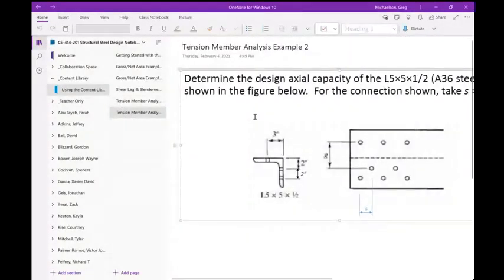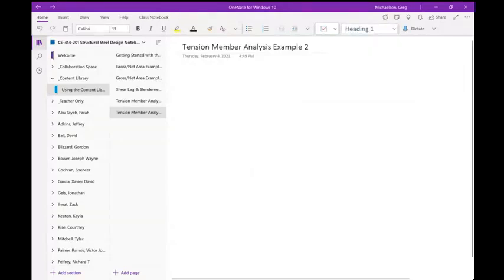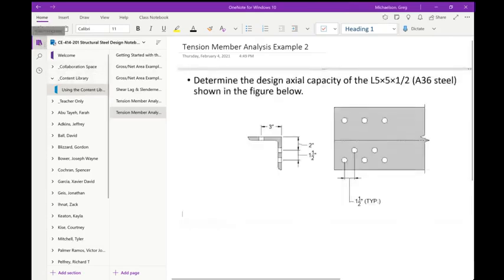I also changed this example up a bit, so bear with me for a sec. I'm going to screen cap this and put this in the slide. Okay, that's a little better.